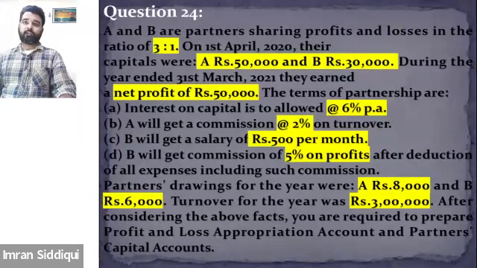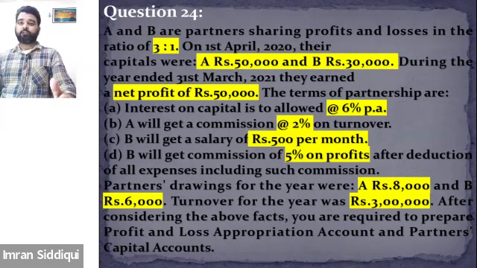The question is pretty simple. There are two partners, both are sharing profit in the ratio of 3:1. Their capital contribution is 50,000 and 30,000. They are entitled to claim interest on their capital. One of the partners is entitled to claim commission at 2% on turnover. B will get a salary, and B will also get commission. These points are given. Now we need to prepare the P&L appropriation account.